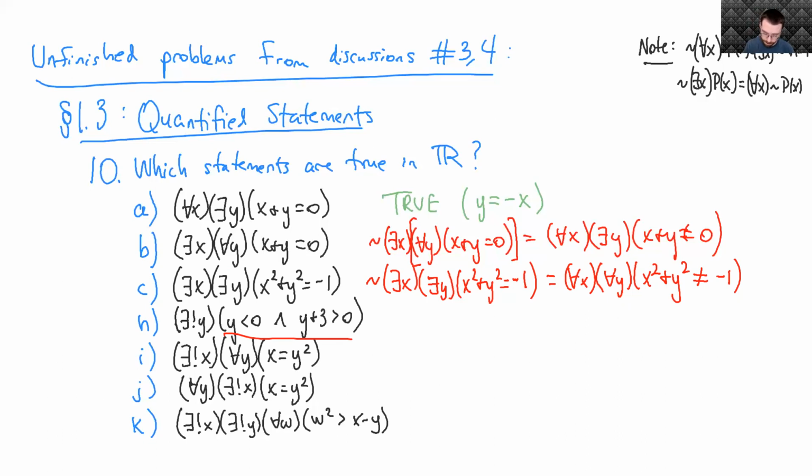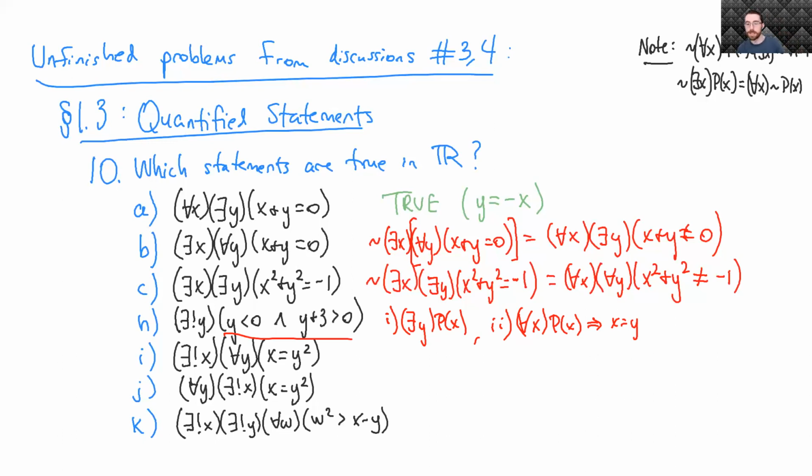One, first of all, there exists a y such that that property holds. Just call it p of x for now. And two, you would need to show that, we'll say for all x where p of x holds, that ends up implying that x is actually the same number as y.